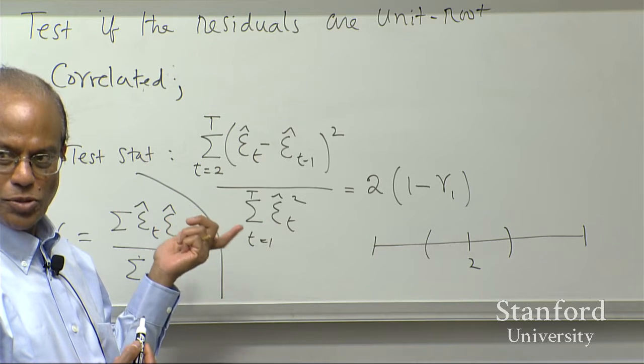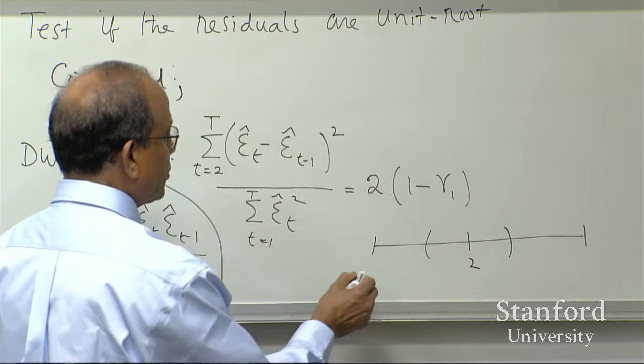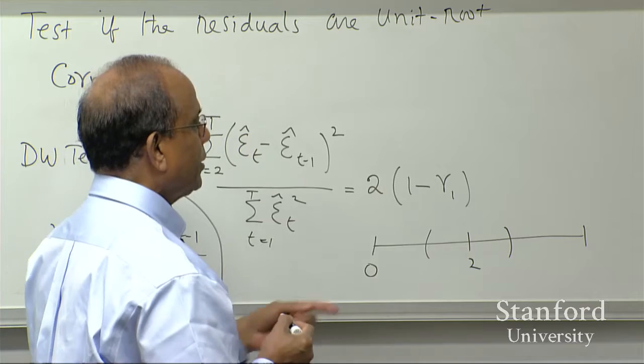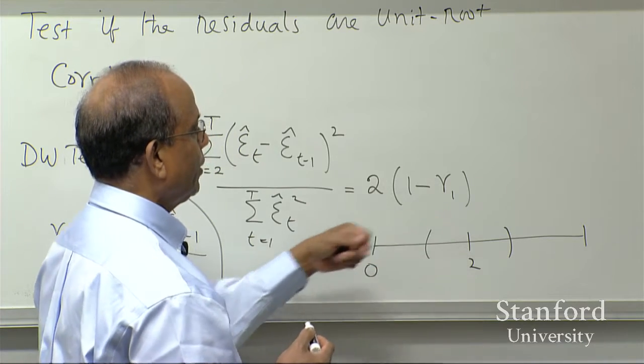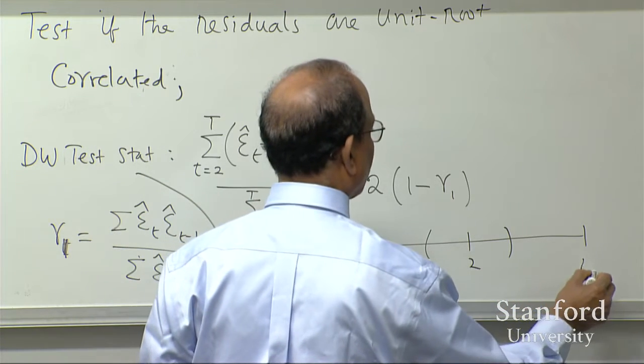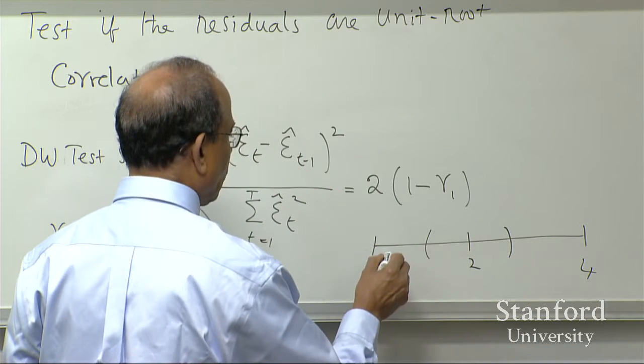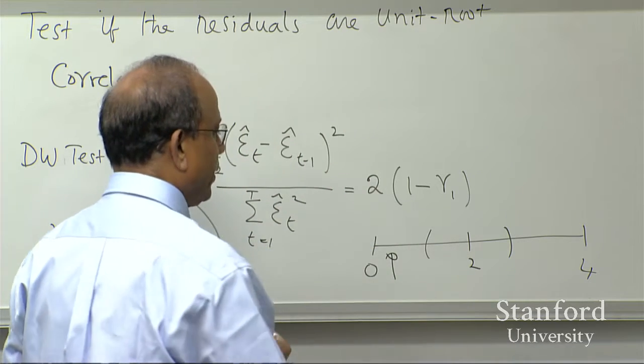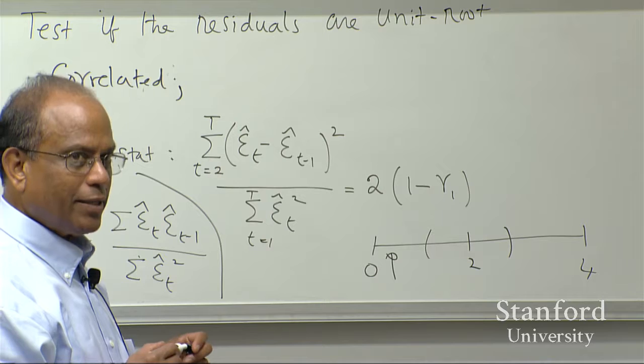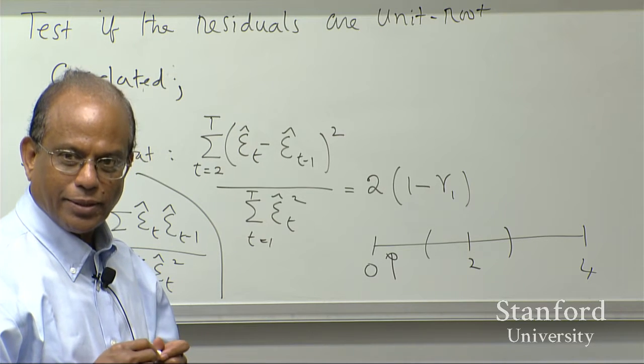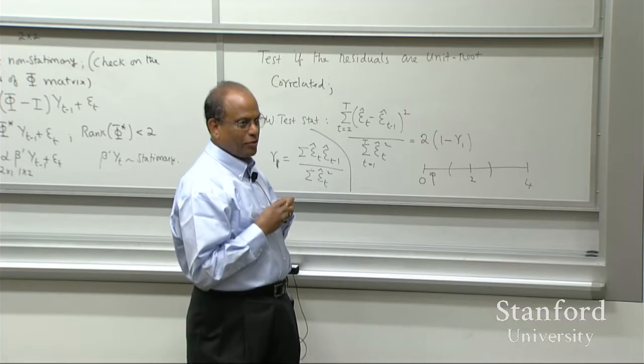You get close to 0, right? If the autocorrelation turns out to be -1, you will get numbers close to 4. So, if you get numbers close to 0, that generally indicates that there is autocorrelation in the data. The simple way to check.